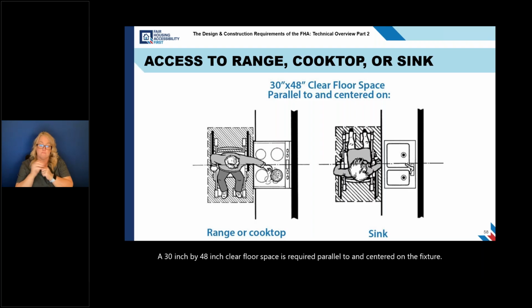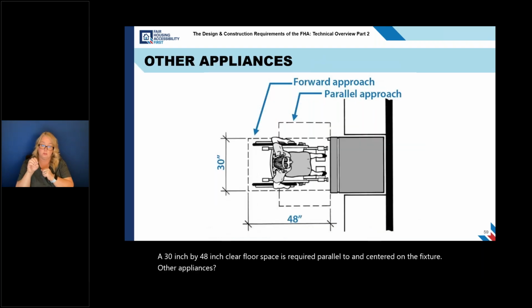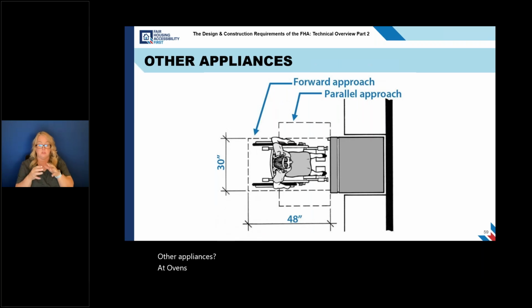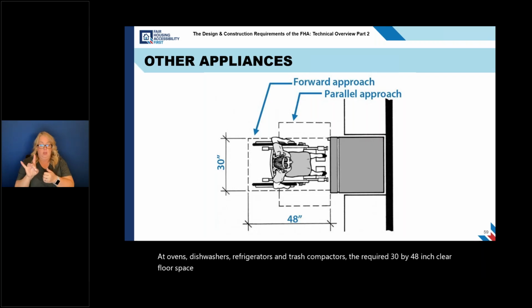Other appliances. At ovens, dishwashers, refrigerators, and trash compactors, the required 30 by 48-inch clear floor space area must be positioned for a parallel or forward approach centered on the appliance.